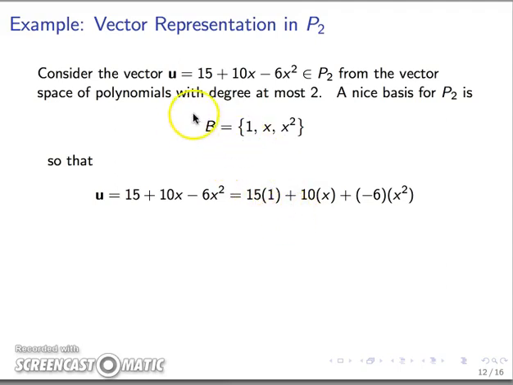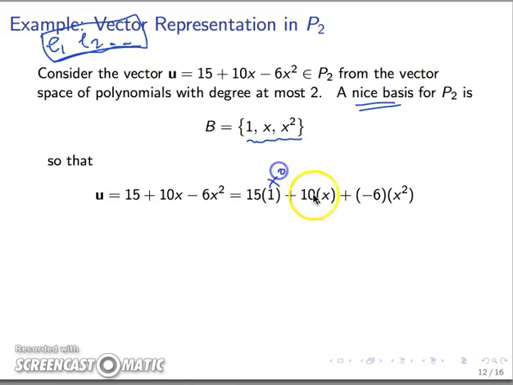This is related to what we did before with the standard unit vectors e1, e2, etc., where we could represent one vector easily, almost by inspection. Here, you can think of these quantities as the standard basis elements. This is a very nice basis for P sub 2, so writing this polynomial in terms of these basis elements is straightforward.